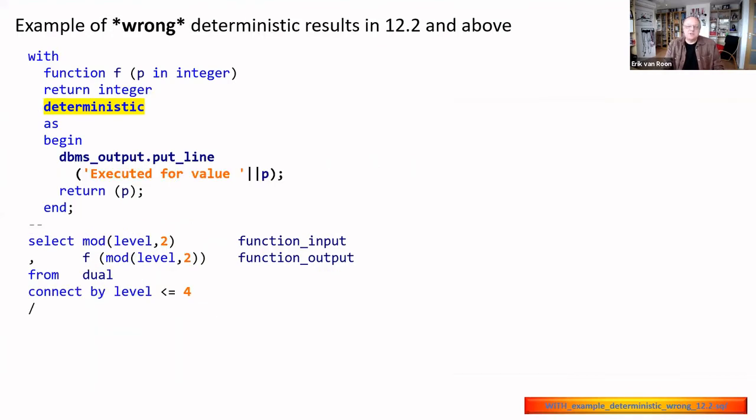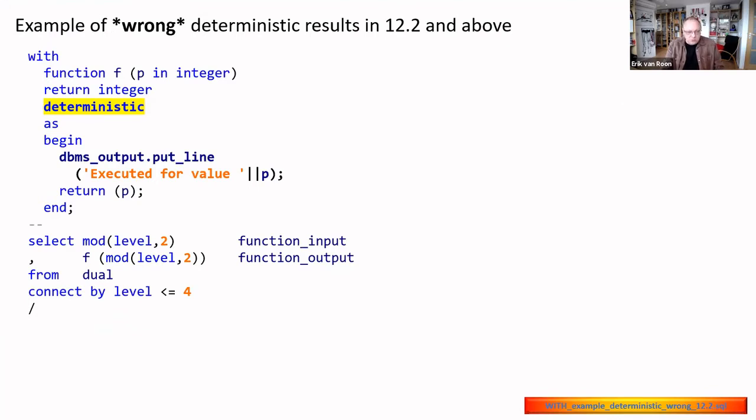And here is an example of wrong deterministic results. It's again the same function. The only thing that is changed is in the query. Now we produce 4 rows, and with a mod of the level, I produce the numbers 0, 1, 0, 1. I really don't see why this is so much different than the other query.